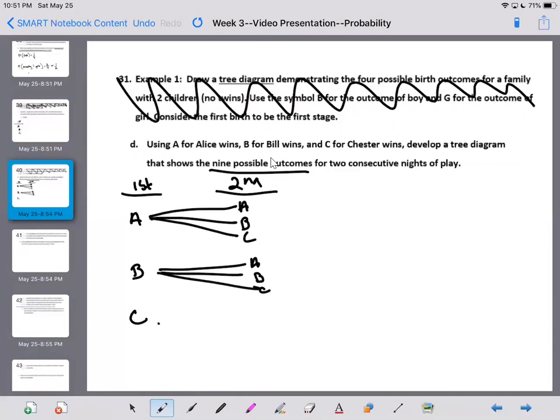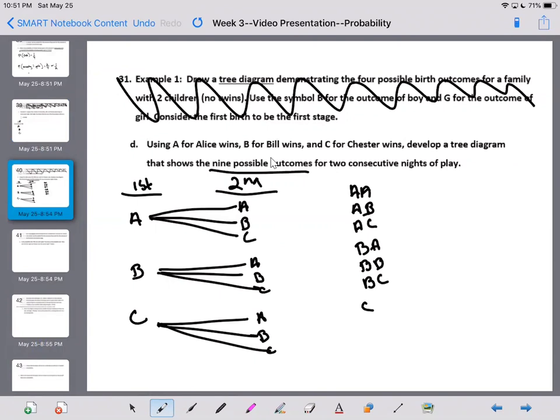And then if Chester won on the first night, you have Alice, Bill, or Chester. So you could have Alice winning both of them, Bill winning both of them, Chester winning both of them. And then you would see that you have 9 possible outcomes.